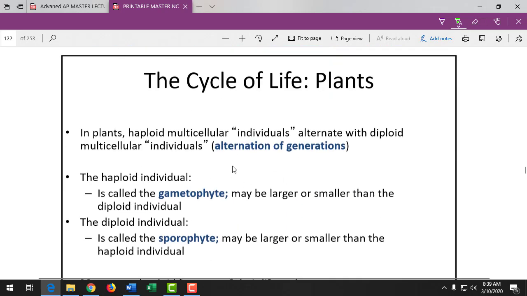So when we look at how plants exist in nature, they aren't like us. We're all diploid, right? Everybody in this room has cells in your body outside of ovary and testes, the sperm and egg. Everybody is mostly 2N cells that were formed by mitosis.